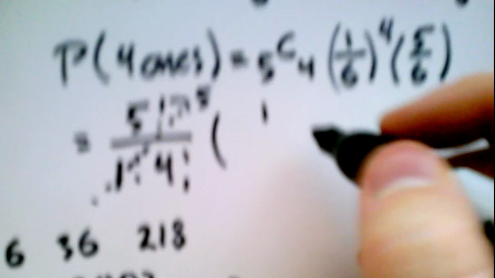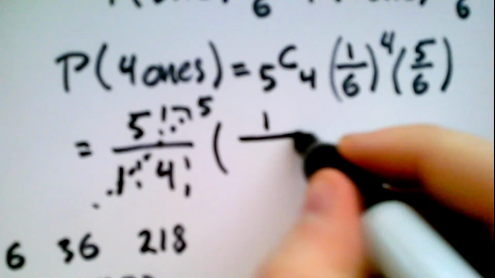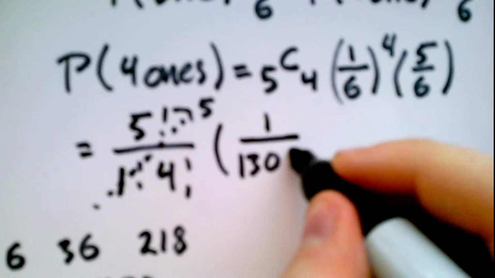This is our 6 to the 4th, so we have 1 over 1,308.